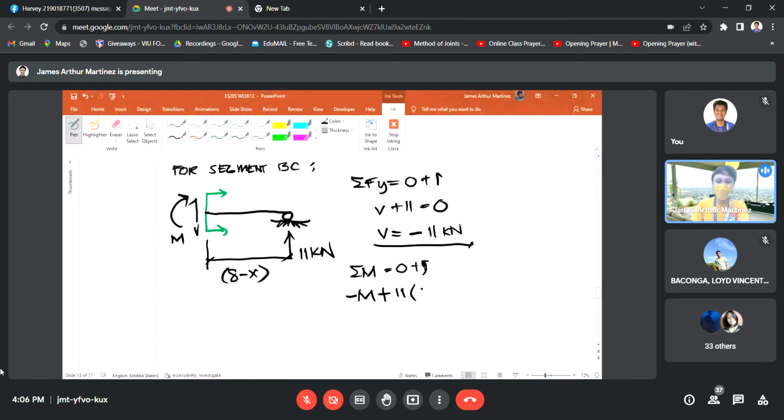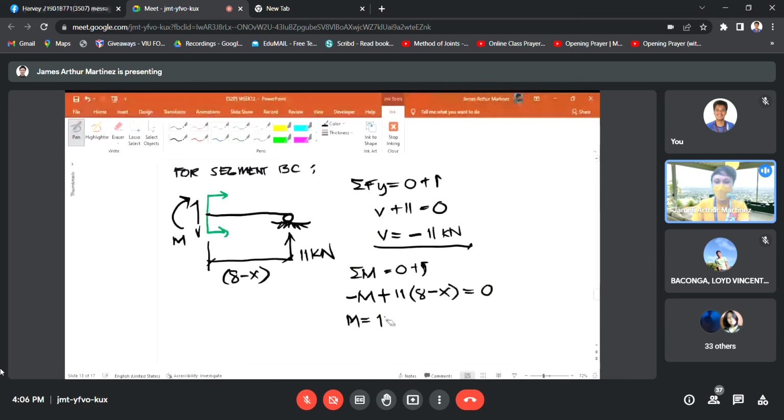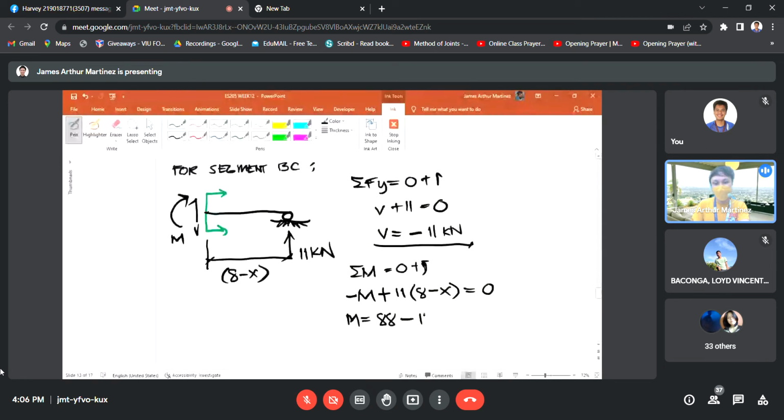So 11 times moment arm padulong sa to ang point of consideration, so 8 minus x equal now to 0. So if i-transpose na to ang M class, now we'll have this simplified equation. 11 times 8 is 88, no? Tama ba? 88 minus 11x.